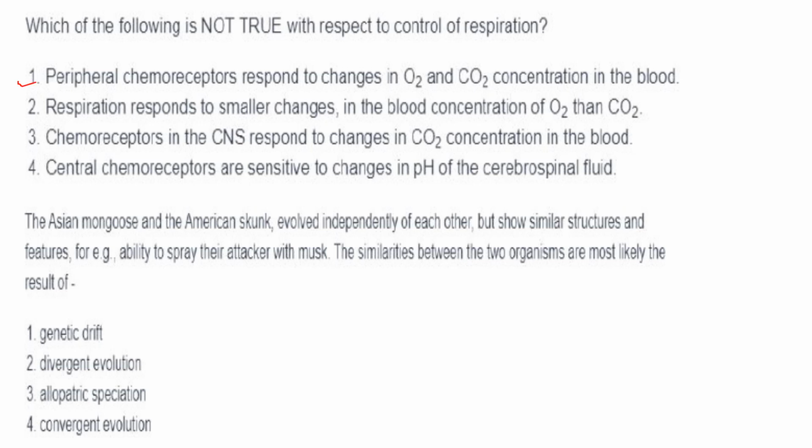Respiration responds to smaller changes in the blood concentration of oxygen than carbon dioxide. That is not correct. It responds more readily to small changes in carbon dioxide than to oxygen.